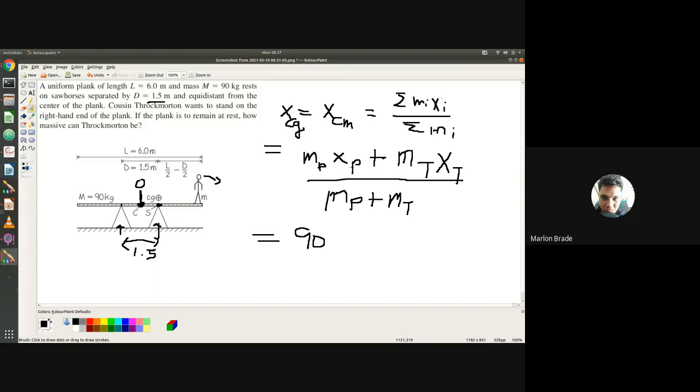So, unsa kalayo ang position sa center of mass sa plank, with respect sa origin? Center of mass sa plank, pila? 1.5. Center of mass sa plank with respect sa imong gipili nga origin.